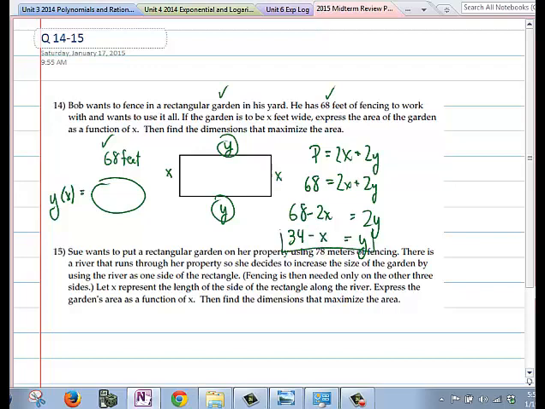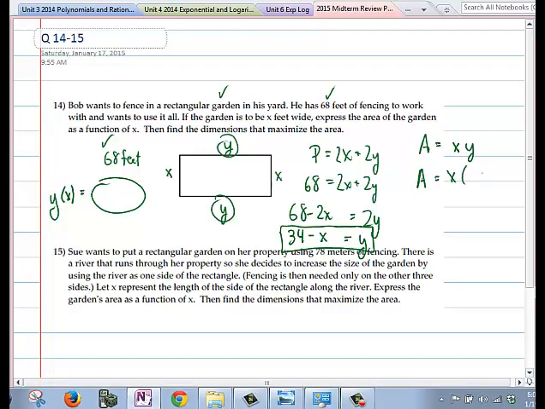So that is my function for y. Now I can use that because I know my area is equal to x times y. I can plug that in, and I have this nice equation, x times the y function, 34 minus x.